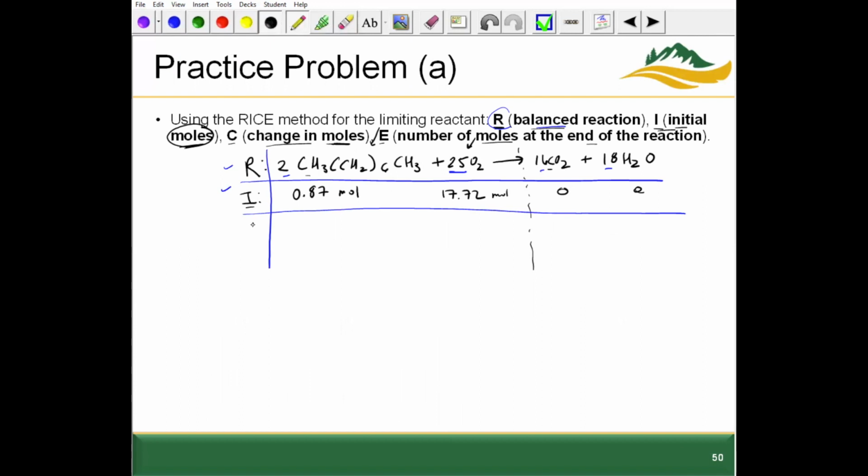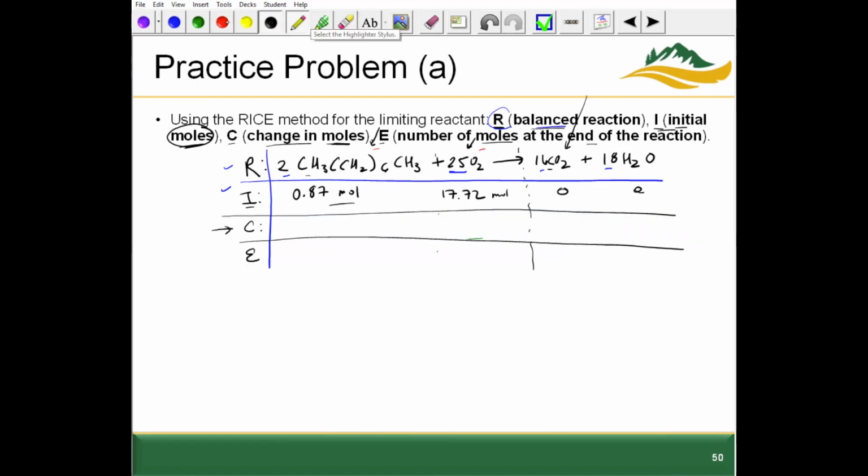Next, then, for the change. For the change here, we're ultimately wanting to find out how much CO2 is produced. To do that, we need to find the limiting reactant. To find the limiting reactant, we're either going to assume that all the octane was used up or all the oxygen was used up. So to determine the limiting reactant, we're going to figure out which one is used up.